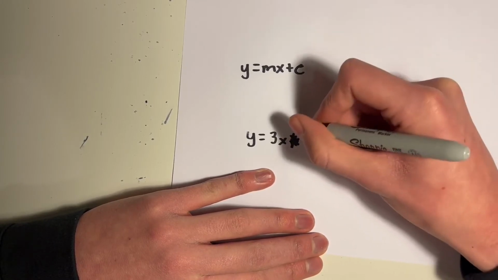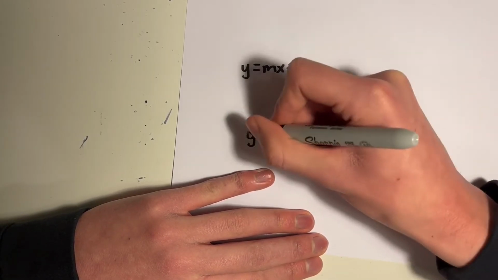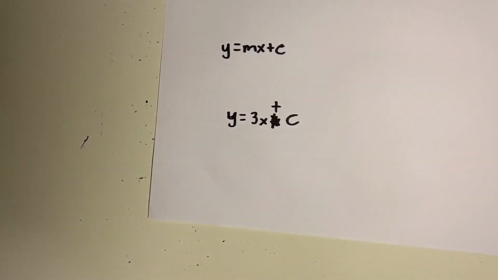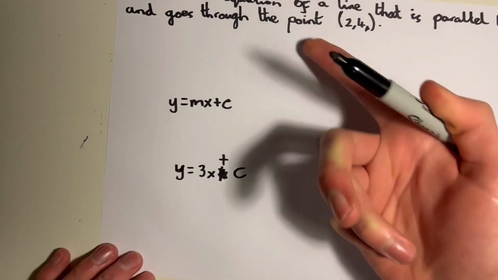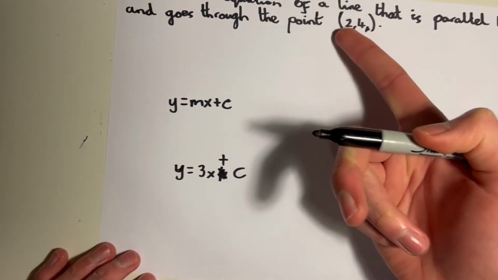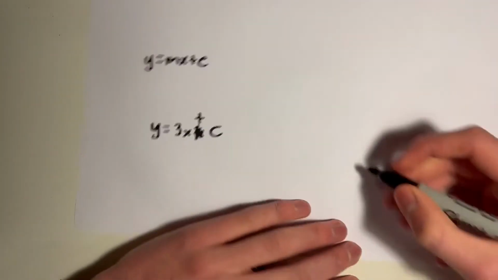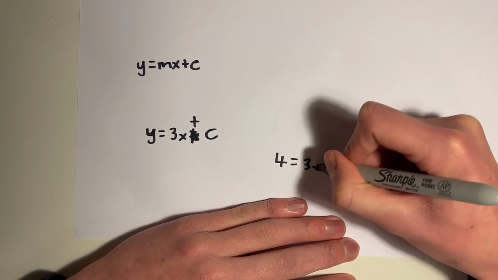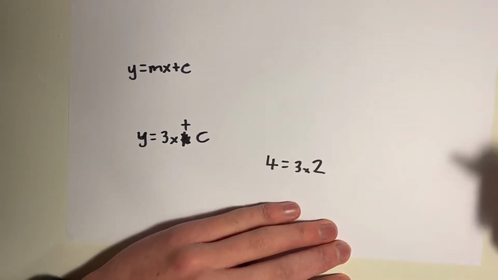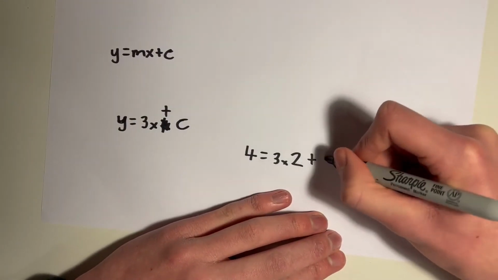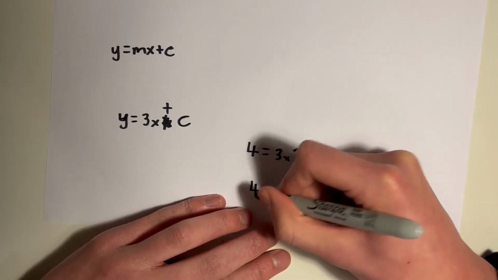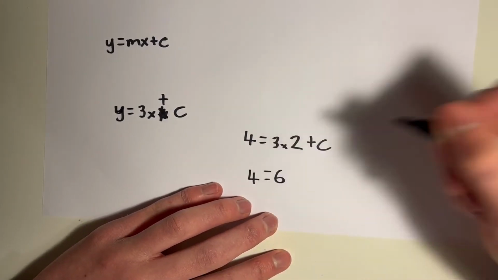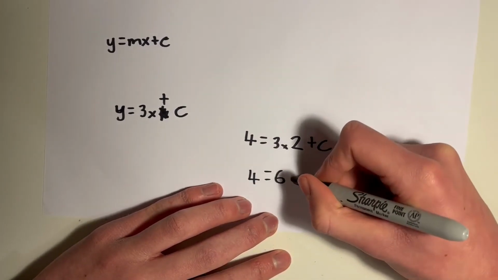Why did I write an e? We also know, because it goes through this point, we know an x coordinate and we know a y coordinate. So the y is 4 equals 3 times 2 plus c, which simplifies to 4 equals 6 plus c.